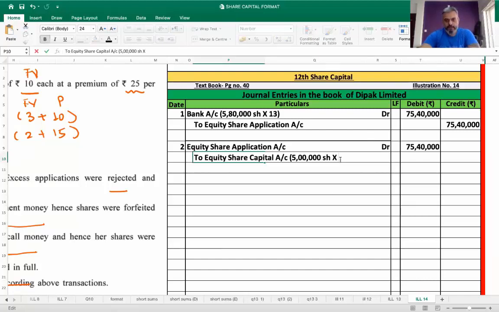So face value is 3 per share. So 15 lakhs to securities premium account.